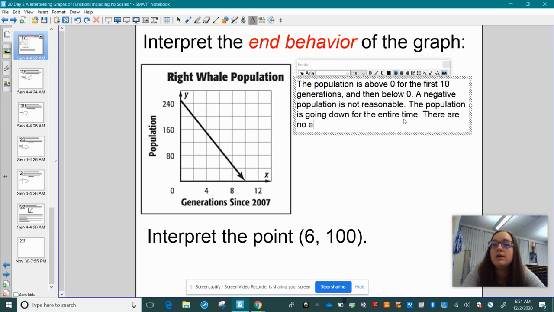There are no extrema. What that means, there's no minimum, there's no maximum. That's when we start to get those curves. Kind of draw curves there. But as the time increases, the population will continue to drop.